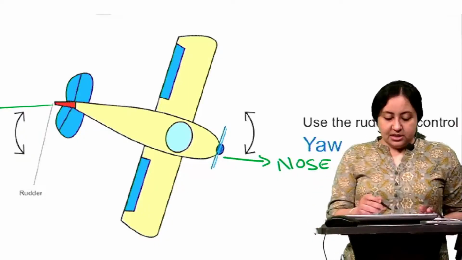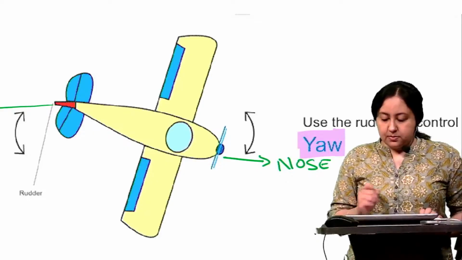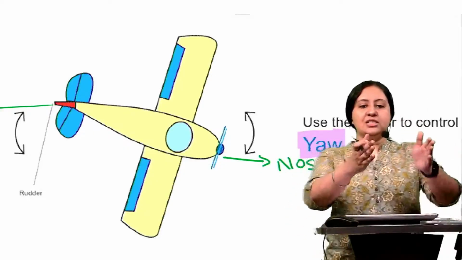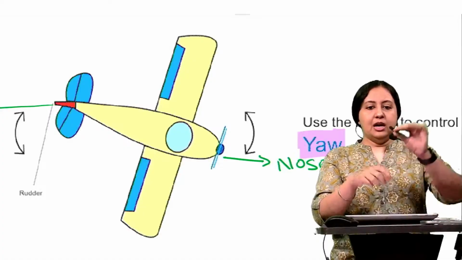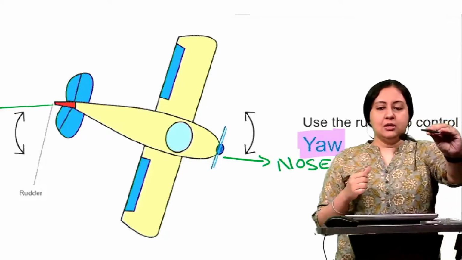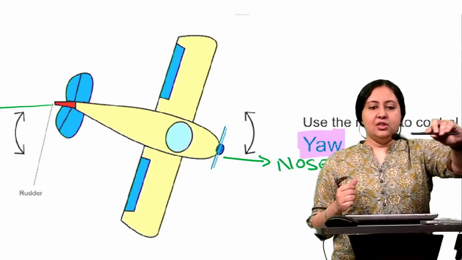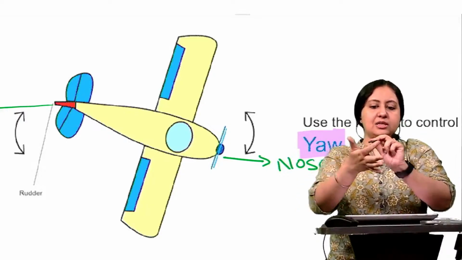So let's first see what is yaw. Let us imagine this is the airplane, and you people are viewing it, and I'm standing in front of this. This is the nose.